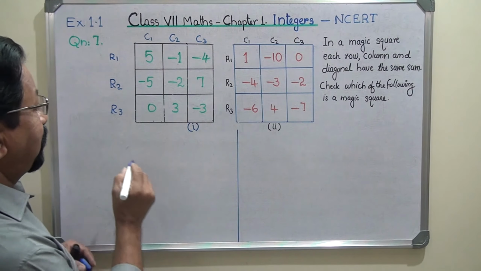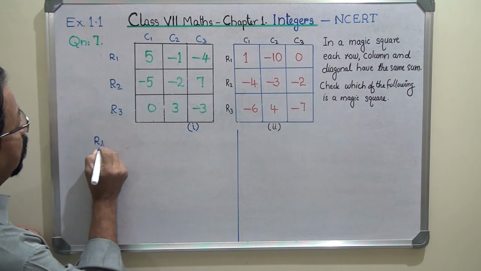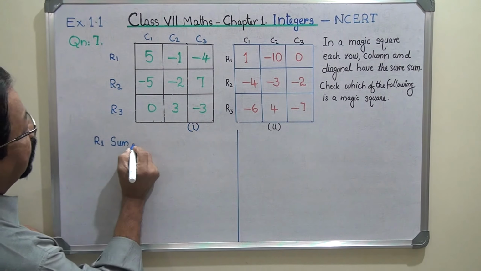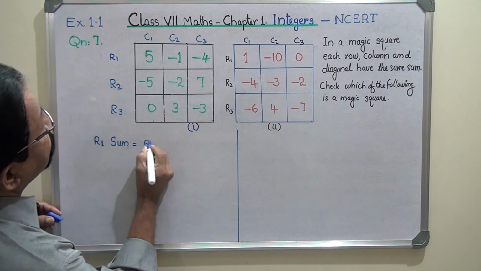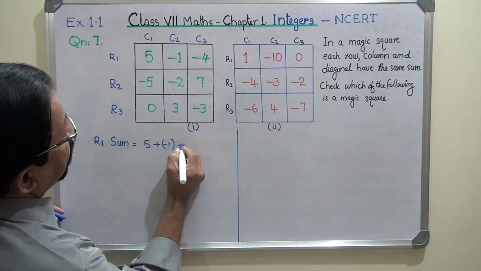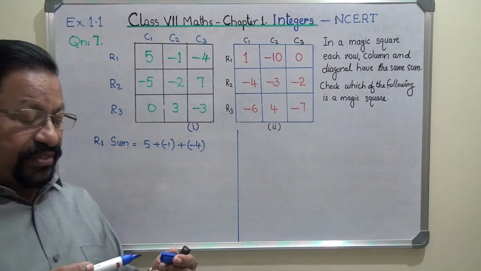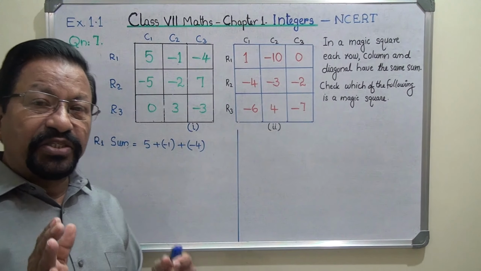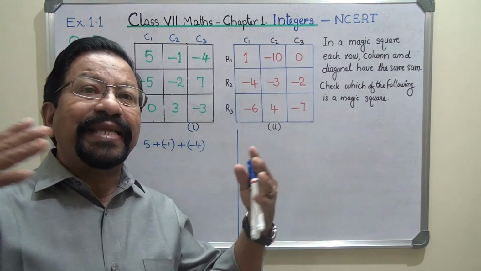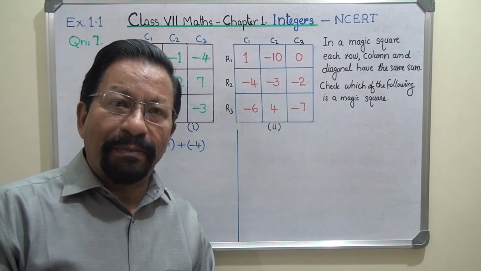So I will write here the sum of R1. The sum of the first row, R1 sum, equals 5 plus minus 1 plus minus 4. This is addition of integers. I told you, addition of integers means you have to add positive integers separately, negative integers separately, then take the difference and put the sign of the biggest number.